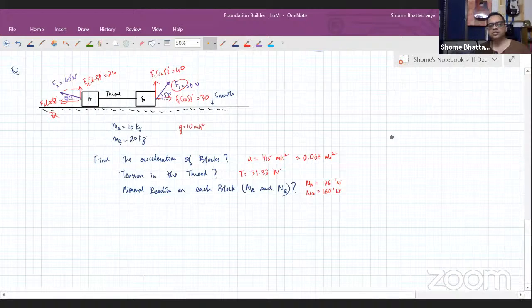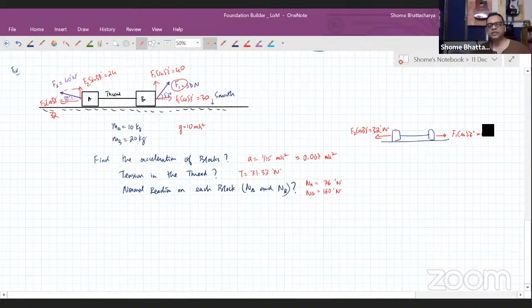So what is happening is, on this system, this force that you are applying, F2 cos 37, is 32 newtons, whereas this force that you are applying, F1 cos 53, is only 30 newtons.